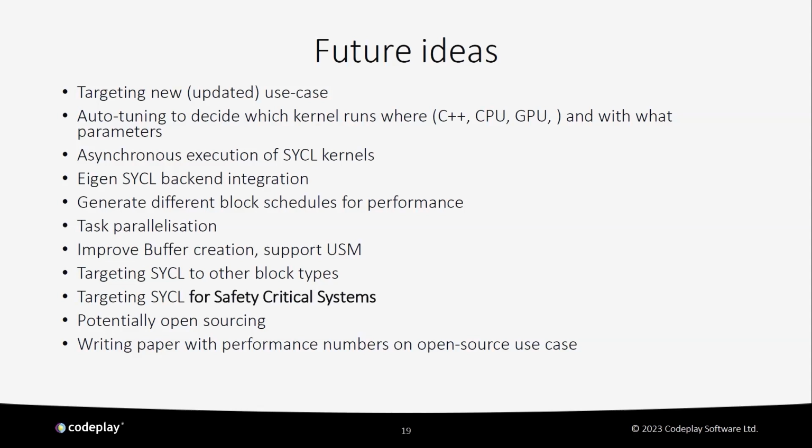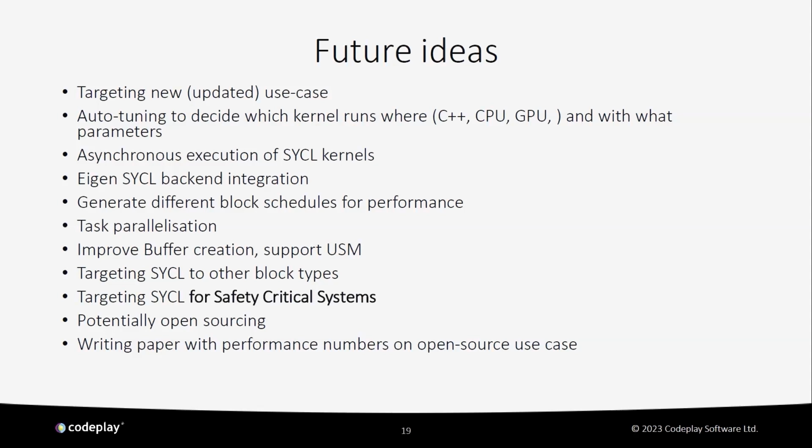Then there's the auto-tuner I mentioned, to see which kernel runs where and with what parameters. Then there's asynchronous execution of SYCL kernels. We can also integrate the Eigen SYCL backend, which we currently haven't done, to evaluate the expression trees using the SYCL support currently in the Eigen SYCL backend.